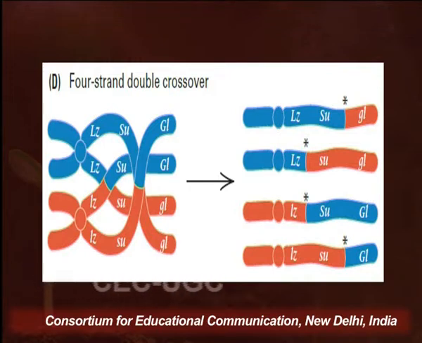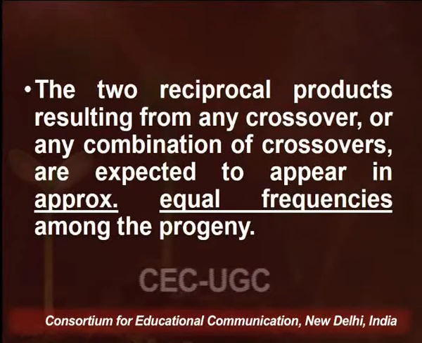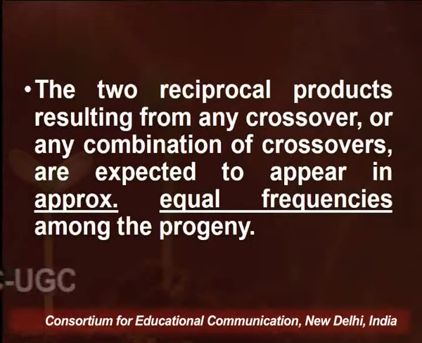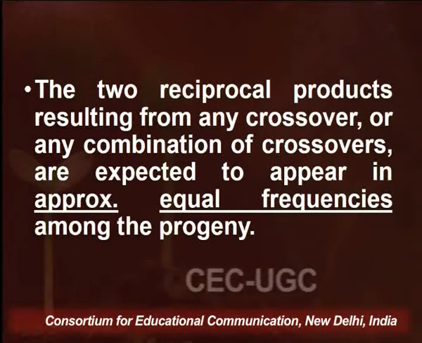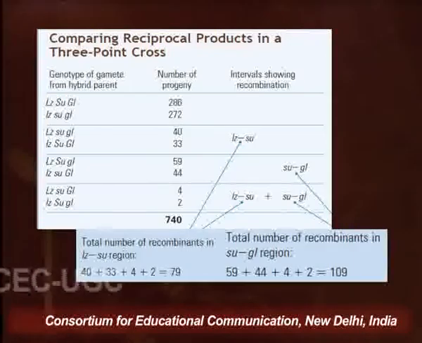You can get different types of recombinants. So the 2 reciprocal products resulting from any crossover or combination of crossovers would have an equal frequency, that means their appearance is approximately in equal frequencies among the progeny.